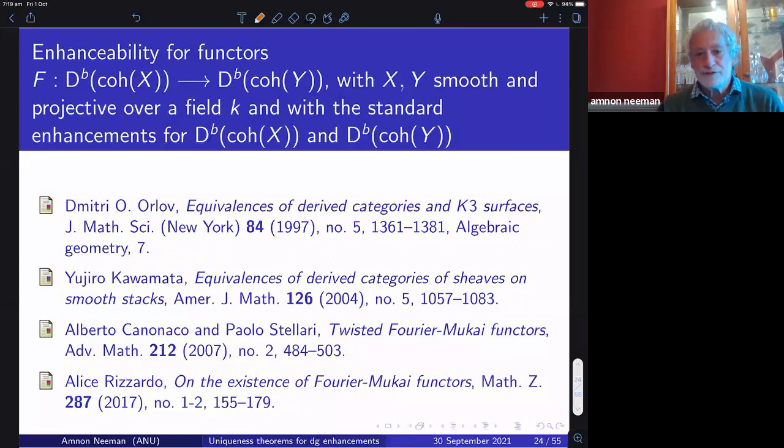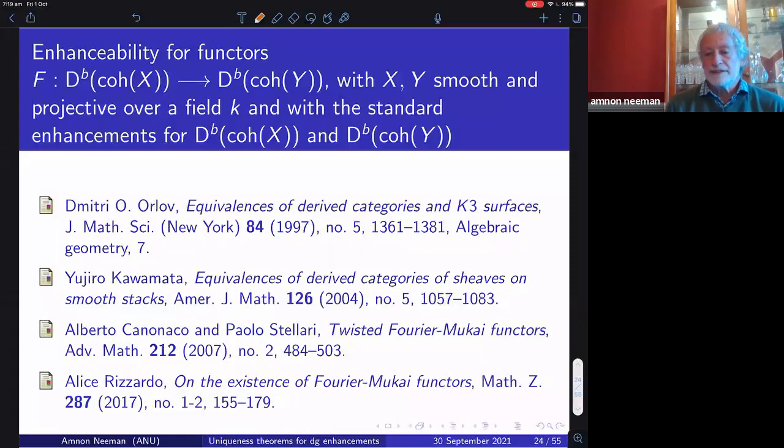There's an example of two categories which probably have different enhancements. But here's Orlov's theorem, which tells you that anytime you have an equivalence of the bounded-derived category of coherent sheaves on X and the bounded-derived category of coherent sheaves on Y, it must be induced by a Fourier-Mukai functor, by a Fourier-Mukai kernel.